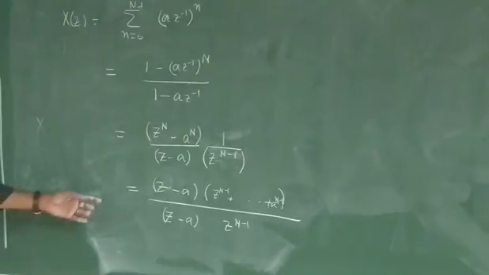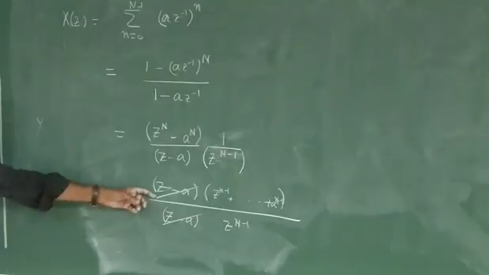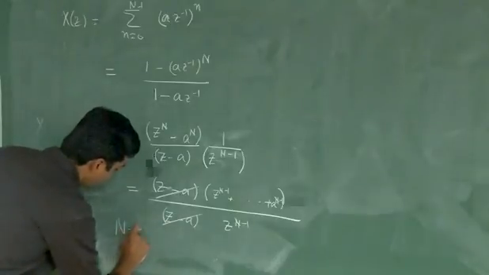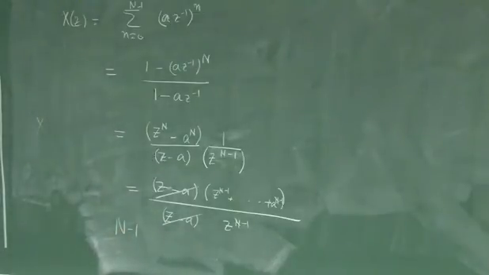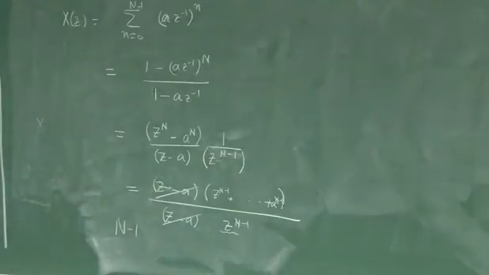So why did I do that? A pole and a zero are going to cancel each other out, right? So how many zeros do I now have? I will have potentially N minus 1 unique zeros in this case, right? And how many poles do I have? And they all occur at what point? Z is 0, right? Because that's the only term that's in the denominator now. Is that clear? Okay.